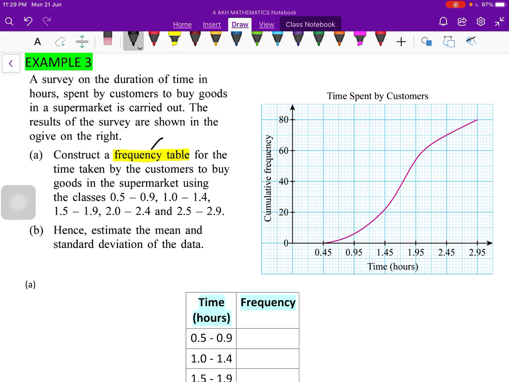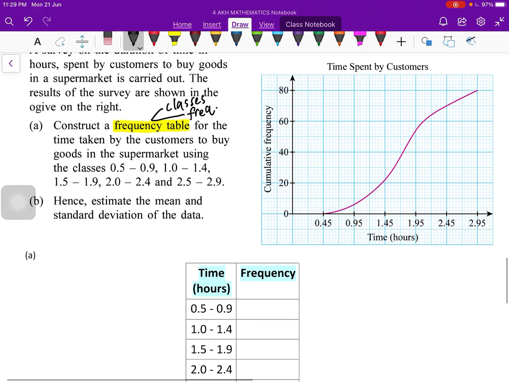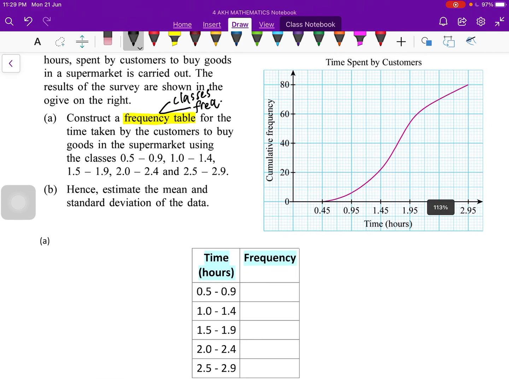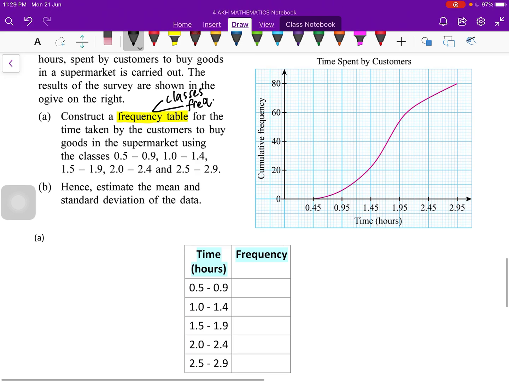Apa yang dia ada adalah classes, and then the second is frequency. That is frequency table. So here saya dah buat sketching frequency table. Kita punya class which is going to be time in hours, and then we have frequency.